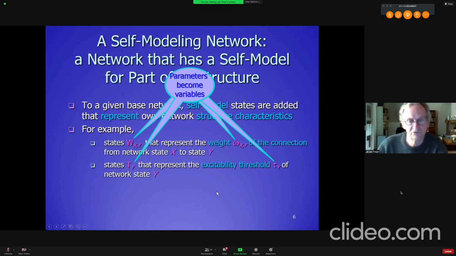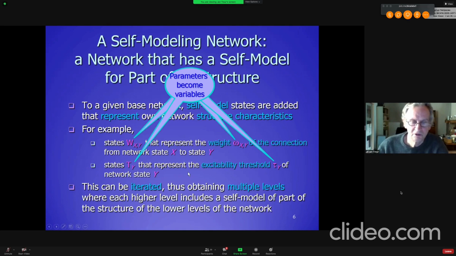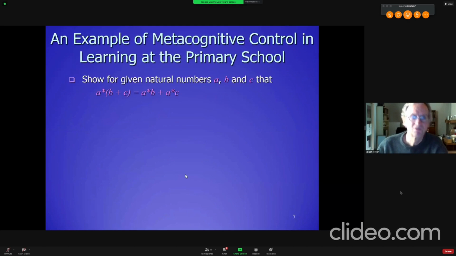So that's a very easy and transparent way to introduce adaptivity for networks. You can also iterate this: if you have done it once, then you have a new network, and then for that network you can also apply the same step, and then you have higher levels or higher order networks or self-models.